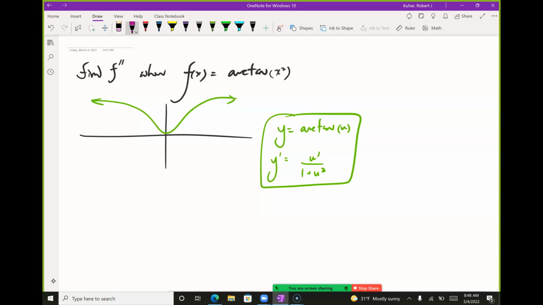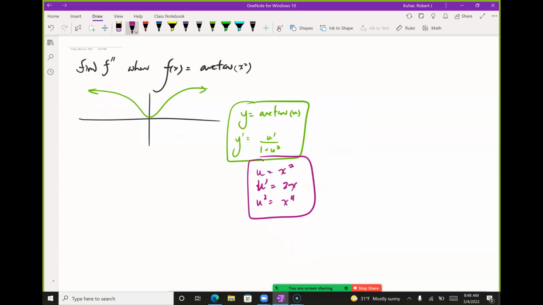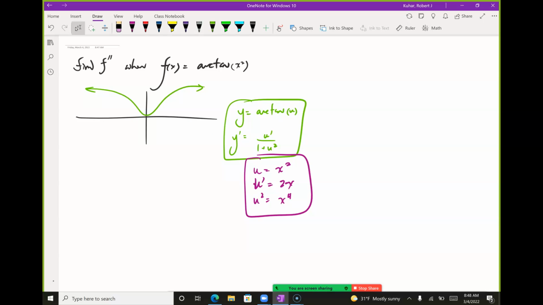And obviously I know what u is in my particular case. U is x squared. U prime is 2x. And u squared is x to the 4th. Does everybody agree? So this is just a typical problem I would put on this chapter 3 test.